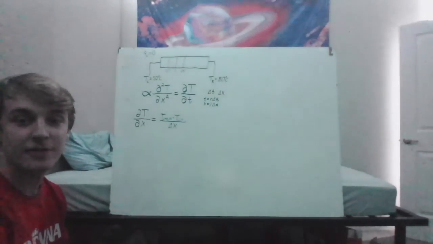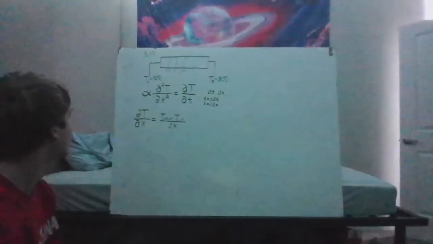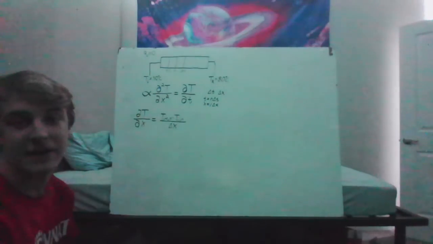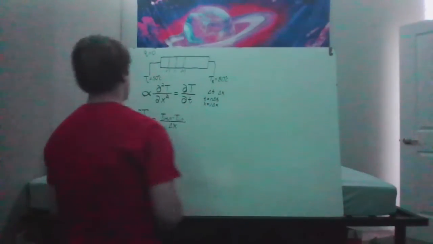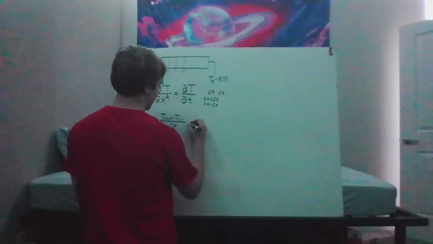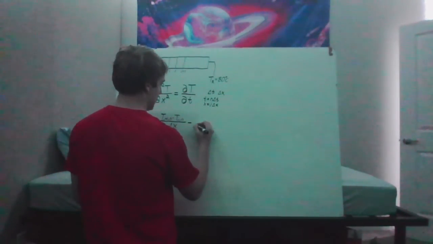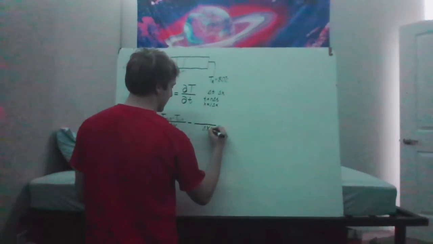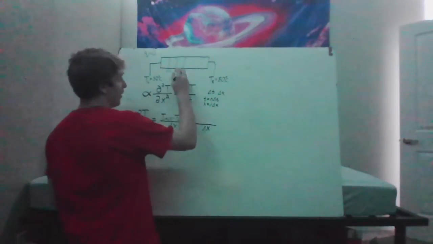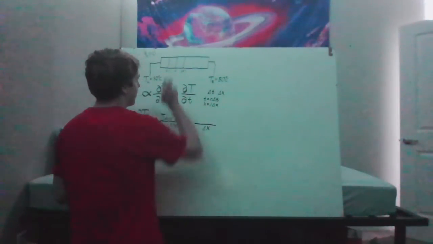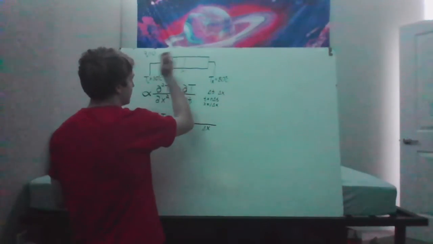So now we are going to get the second partial derivative, and how we're going to do that is by getting the difference between the first partial derivatives. So again, we're going to be doing a difference, and again it will be over delta x, but this time instead of going one position in front of where we are, we're going to be going one position before.